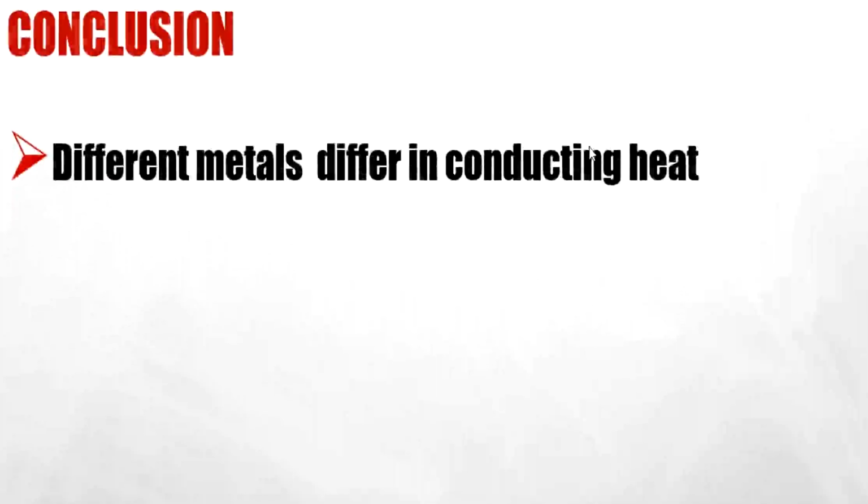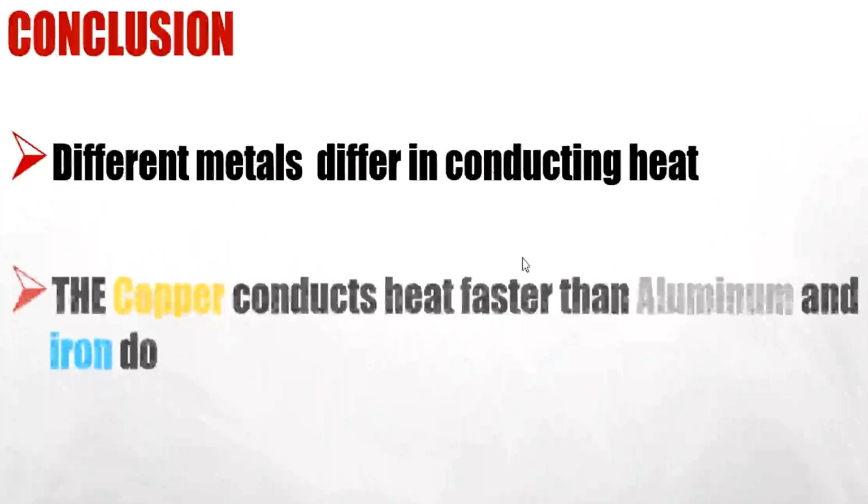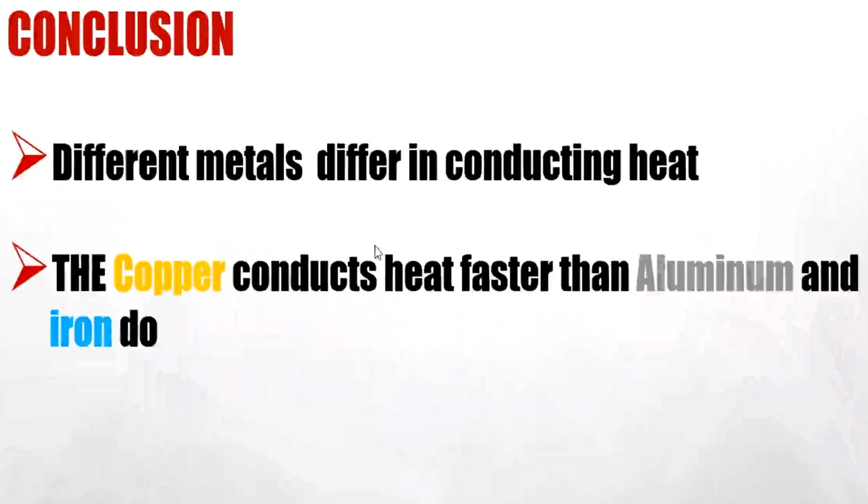Conclusion. We conclude from this video that different metals differ in conducting heat. For example, copper conducts heat faster than aluminum and iron do.